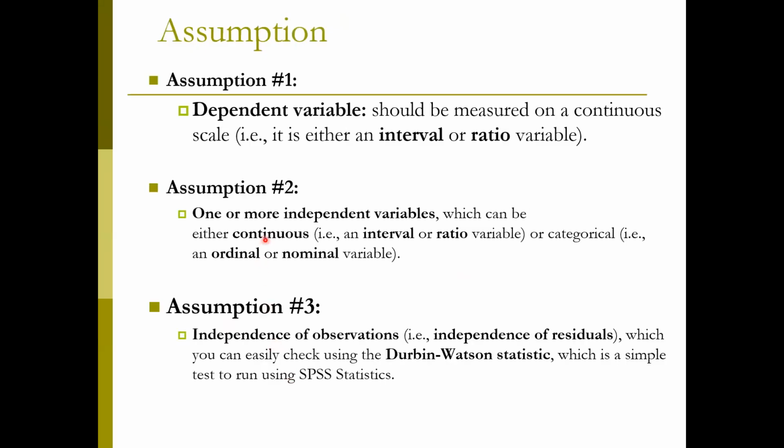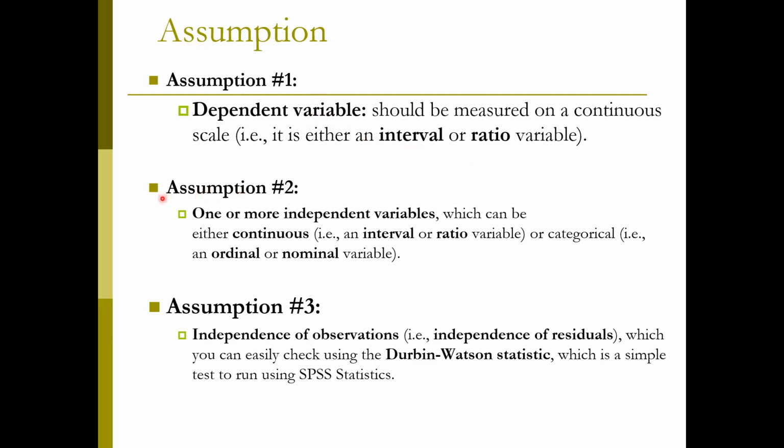To conduct a multiple linear regression, you must test some assumptions, or your variables must meet certain conditions. One, your dependent variable should be continuous in scale. That is, it is either an interval or a ratio.